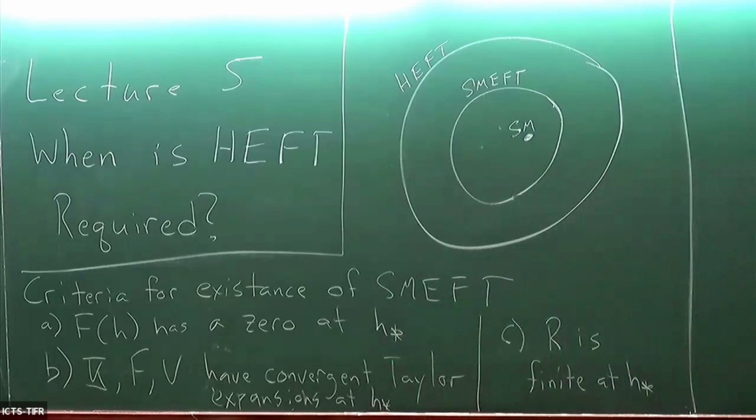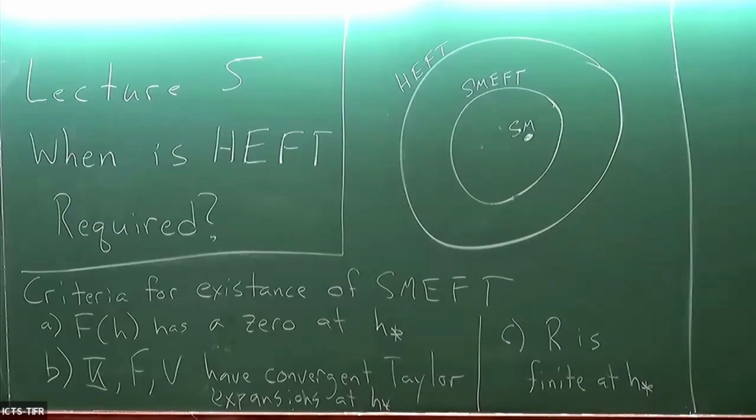And again, just to put this in context, from a model builder's point of view, from the UV, we tend to think about beyond the standard model physics in terms of SMEFT. Typically, for example, today we're going to talk a lot about matching calculations or the results of matching calculations. And when we do those matching calculations, we typically do them in SMEFT, right? We're at high energies, we turn off the VEV of the Higgs, and we do the matching in terms of capital H, not little h.